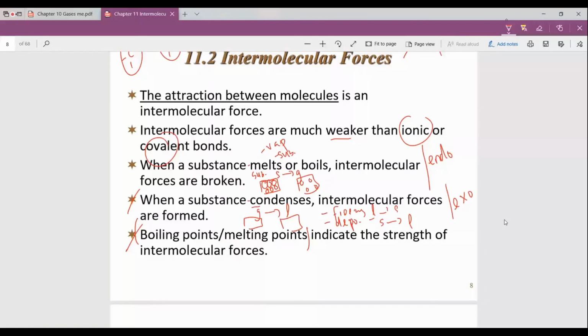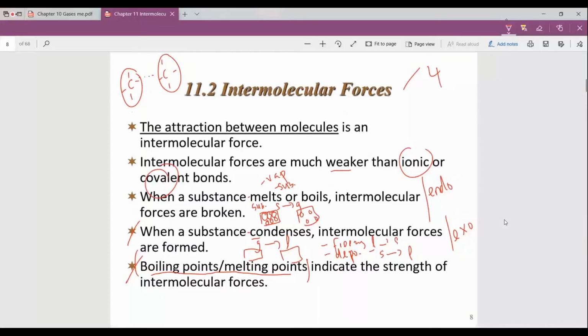Okay, if we have a higher or stronger force, it means higher boiling and melting point. Because in order to break the strongest bond, we need higher energy. So higher energy, higher boiling and melting point. Always relate with the intermolecular forces for the melting and boiling points.